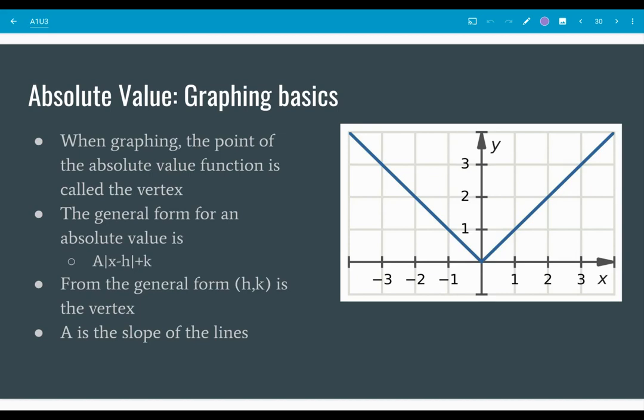As I mentioned in the previous set of notes, this point right here is the vertex. Okay. The general form for an absolute value is listed right here. It is a absolute value of x minus h plus k, where the vertex is h comma k. So for this blue example, h comma k is 0 comma 0.